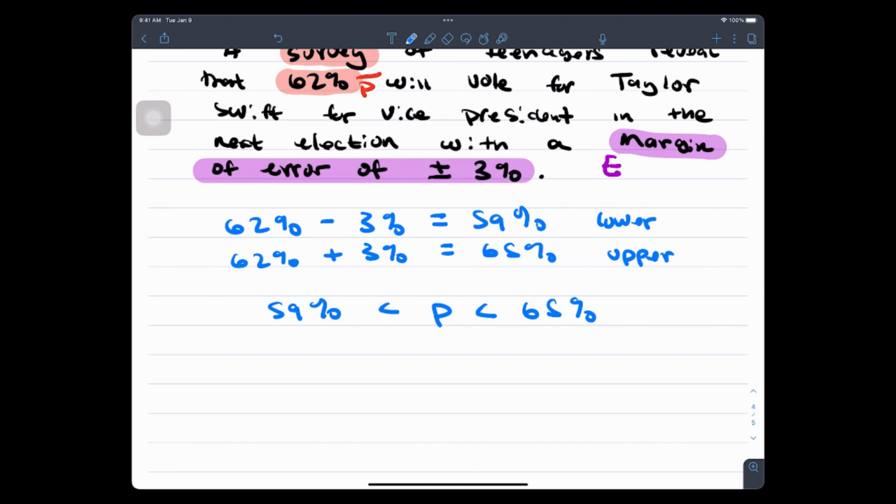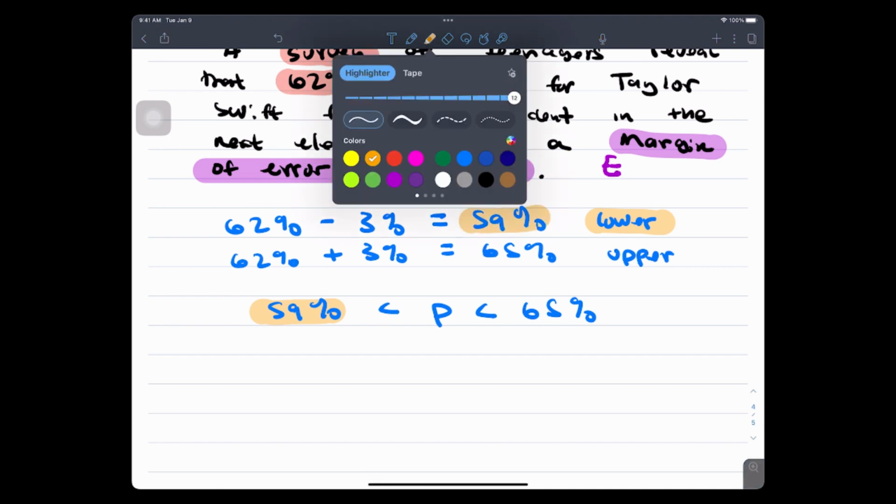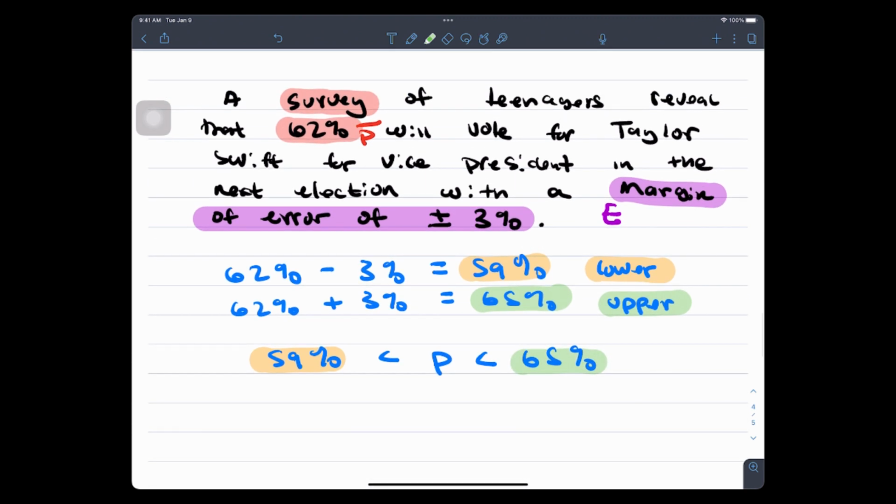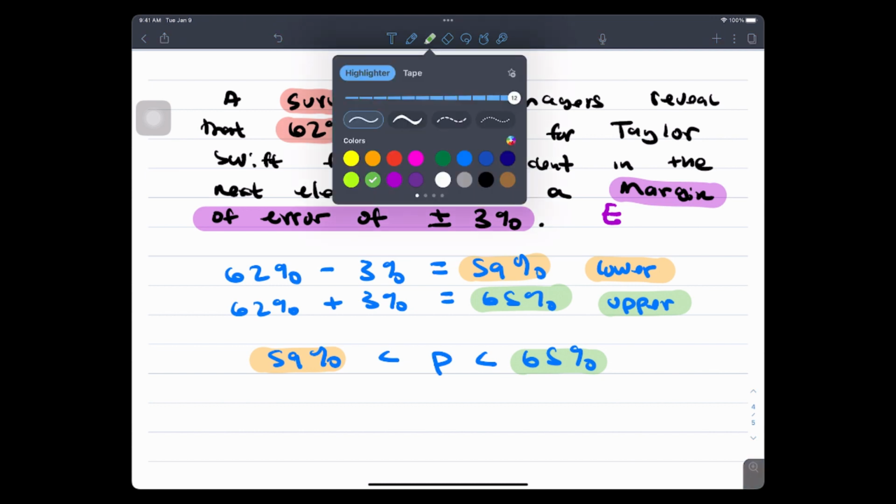Okay, I'm gonna even change that color on you guys. I'm gonna put what? Orange. There you go. We got the lower value, and then we got the what? The upper value. Okay, you got the lower and the upper. So this means between 59% and 65% of who? What population?